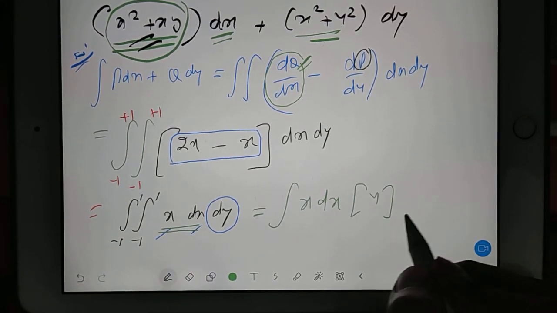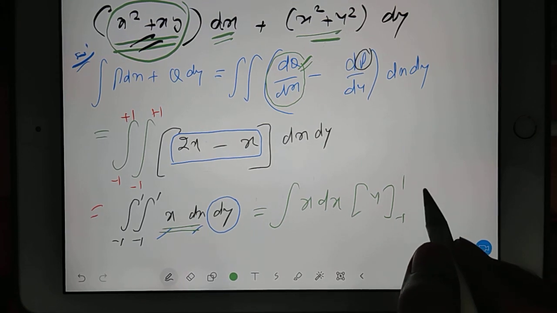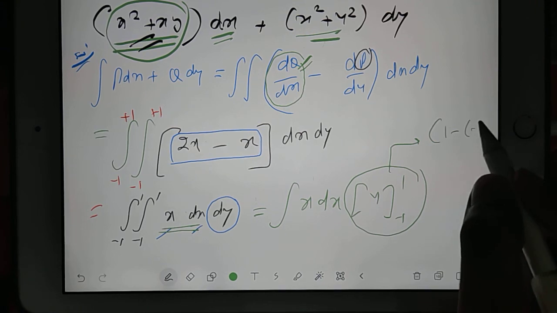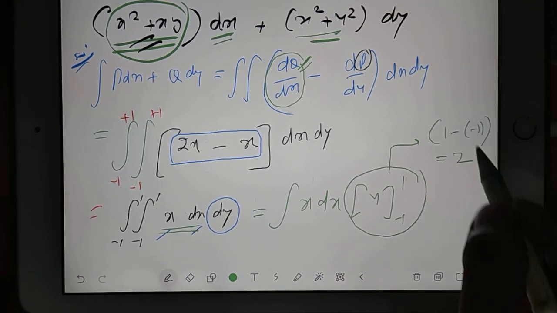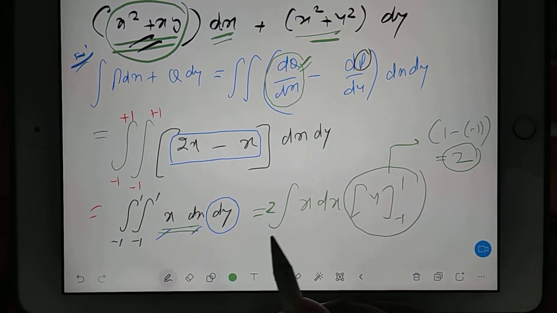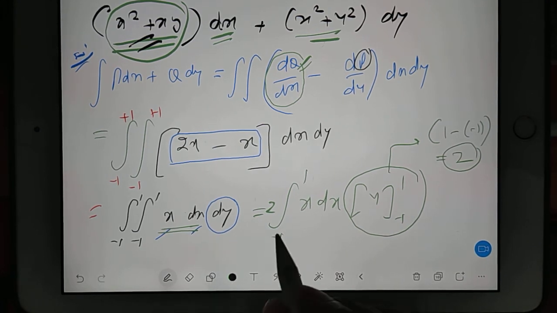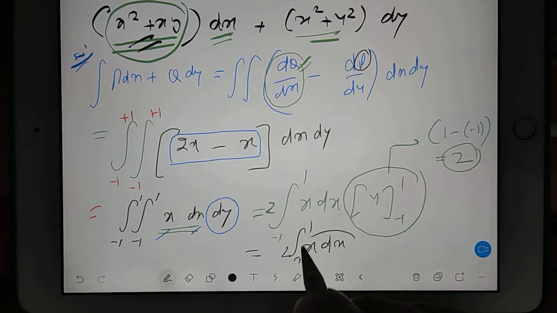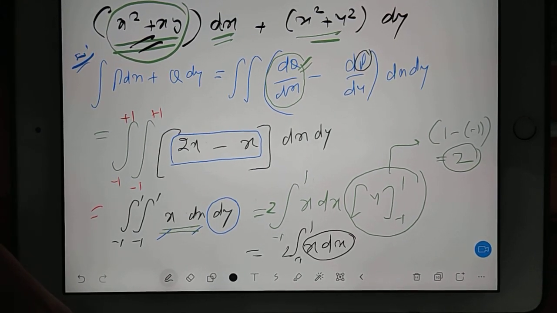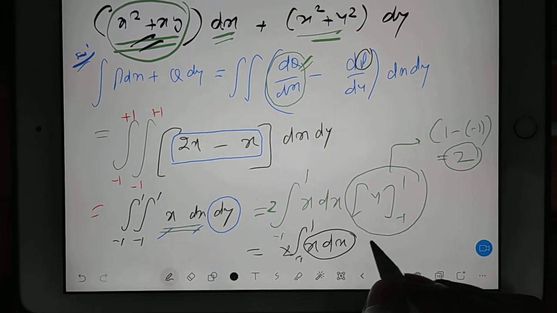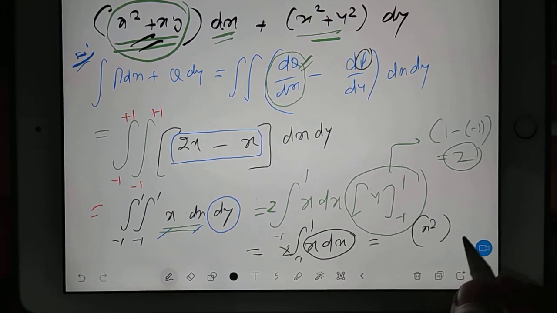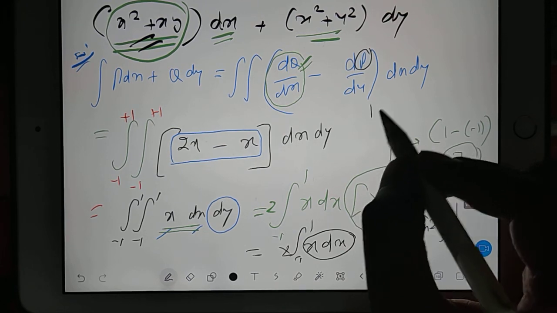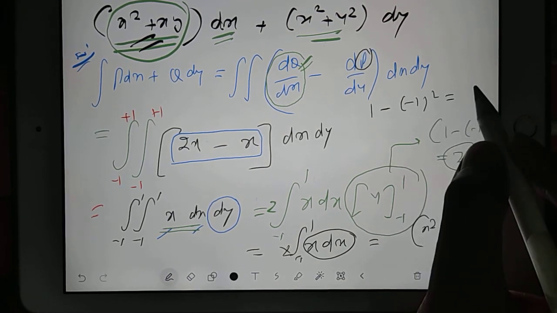The y between minus 1 and 1 gives 1 minus minus 1, which is 2, so take this 2 outside. You are left with 2 times the integral of x dx from minus 1 to 1, which gives x square by 2. That 2 cancels, leaving x square from minus 1 to 1. Substituting the limits, 1 minus minus 1 square, it is 0.